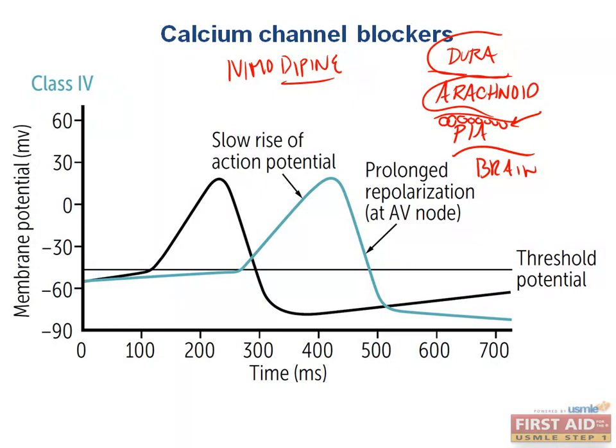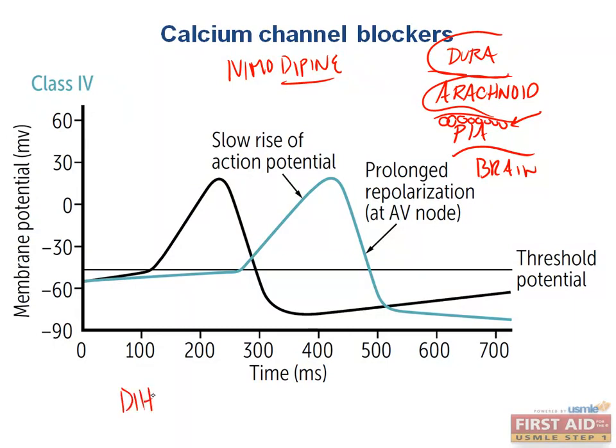Your dihydropyridines will tend to drop blood pressure in a different way, mainly by arteriolar vasodilation, while your non-dihydros will tend to cause a decrease in cardiac output by decreasing the heart rate, because they decrease the depolarization rate in areas of the heart such as the SA and the AV node that are particularly dependent on calcium conductance for automaticity.